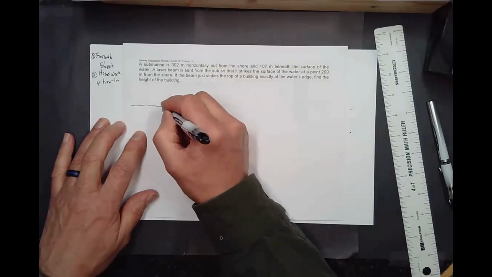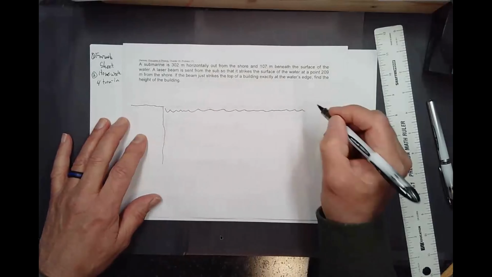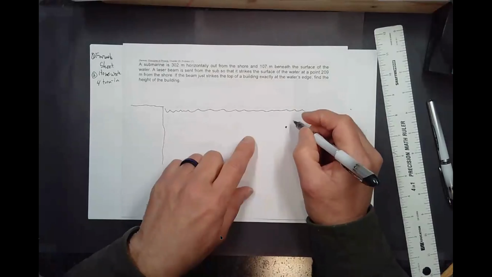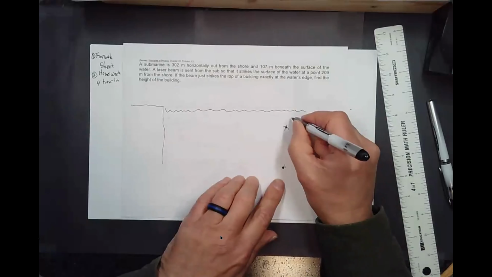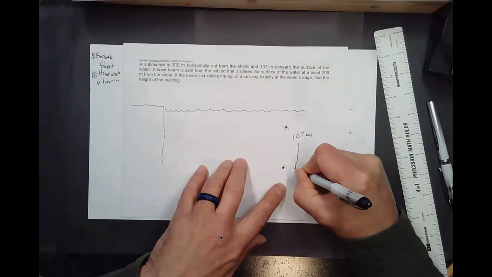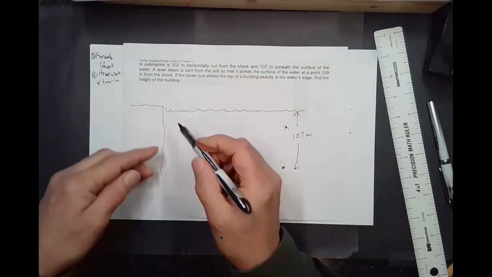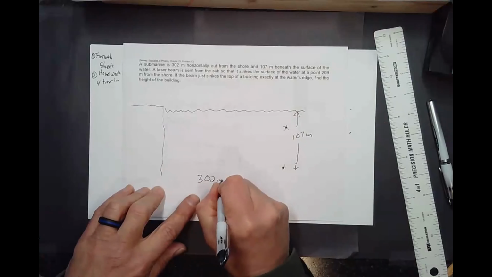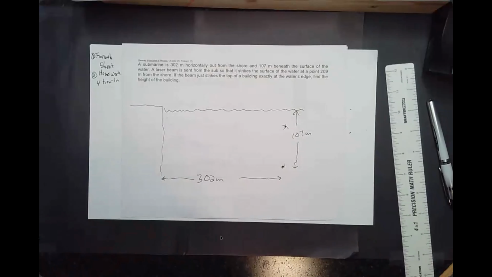So we'll just imagine this is the shore, and here's water here, and we've got the source of the laser beam here, which is, well, that's not quite the scale. I better forget that one. This is 107 meters down. And the distance out here, and this is a really steep shore here, 302 meters over here. That looks approximately right.